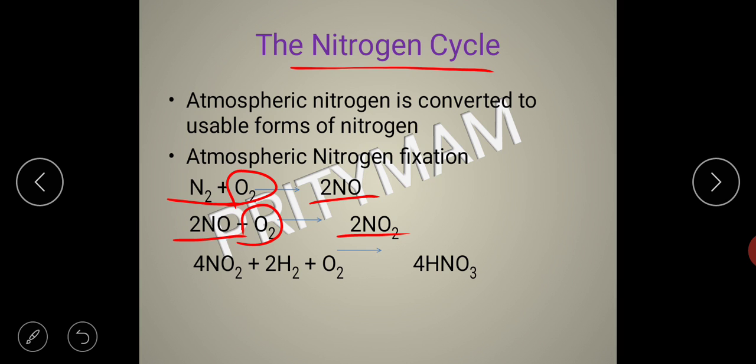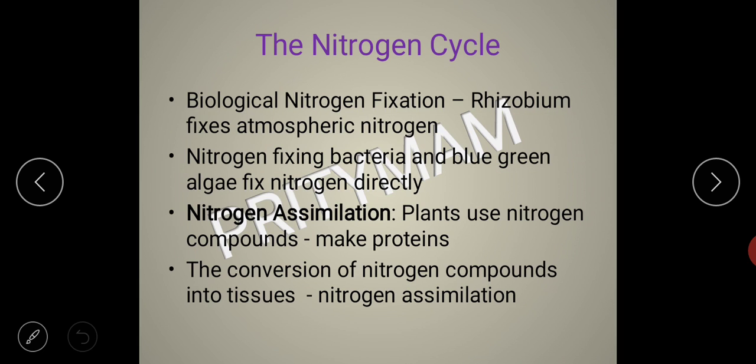And this nitrogen dioxide, when there is rainfall, mixes with the water and forms the dilute nitric acid, and this dilute nitric acid can be absorbed by the plants.